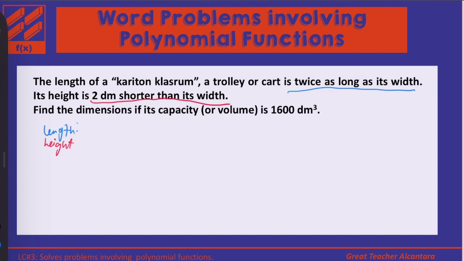And as you can notice here, among all of the measurements for this given, the most mentioned thing is the width. And since it's the most mentioned thing, the one that we're comparing every single side to is your width. So what does that imply? Your width is going to be your x.